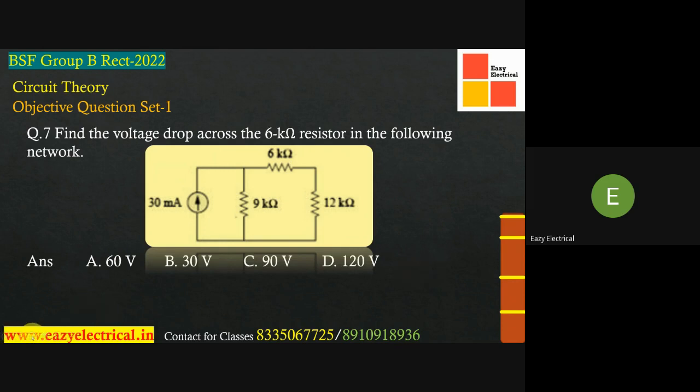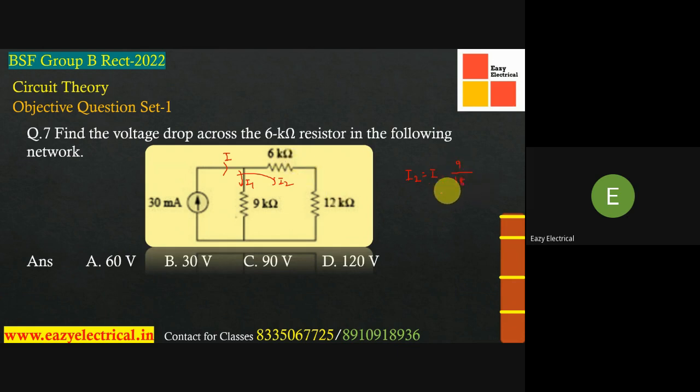Apply the current divider rule. First of all, we need to calculate through the current divider rule. So how must the current divider rule be applied? Suppose this is I, in this direction I1 and in this direction I2. So I2 is equal to I into opposite branch resistance divided by total resistance.